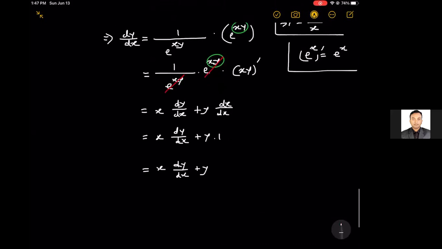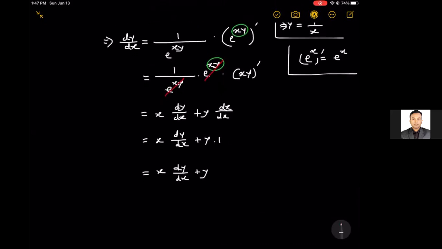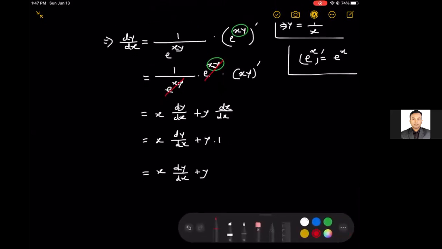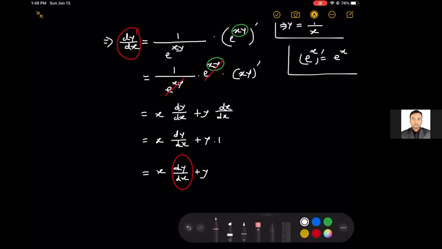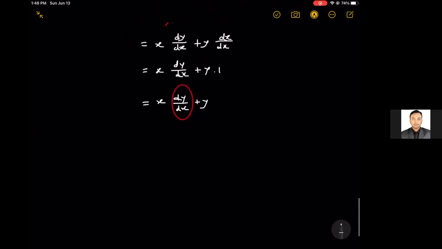Are we done? And the answer is no, because we're looking for dy dx, and I have dy dx on both sides, right? So what should we do? We should isolate the terms with dy dx. So let's rewrite it first for your convenience. I have dy dx equals x times dy dx plus y.